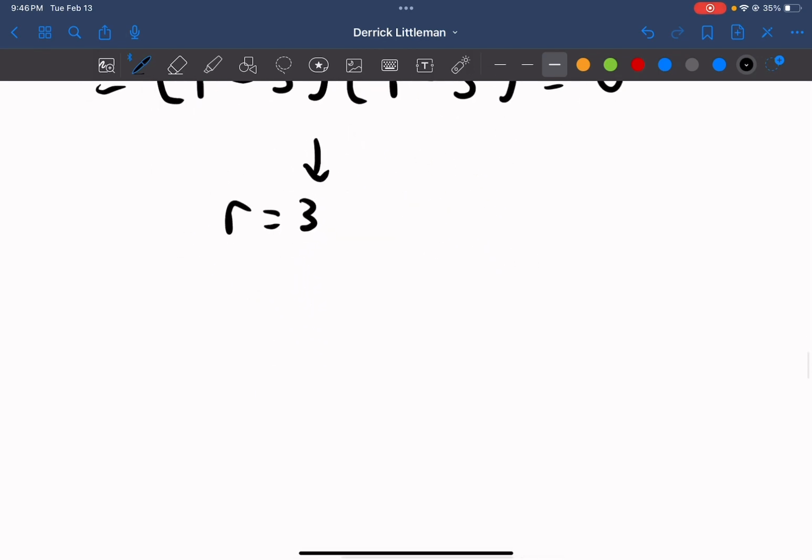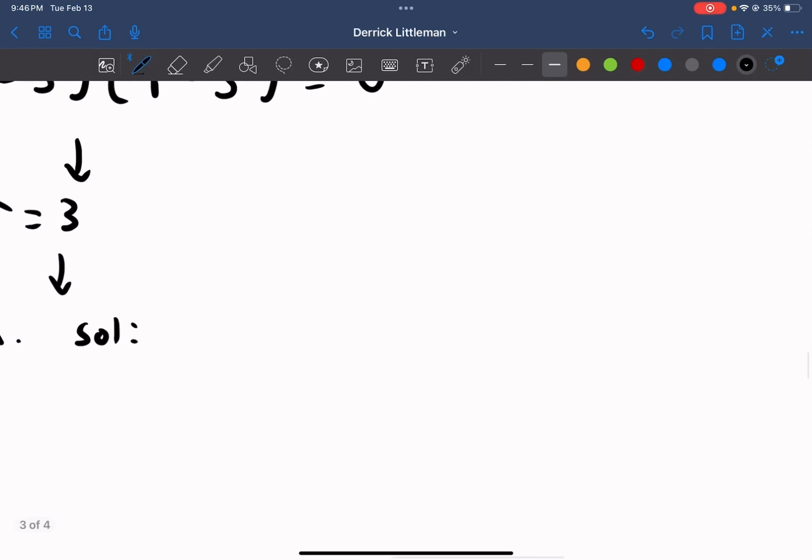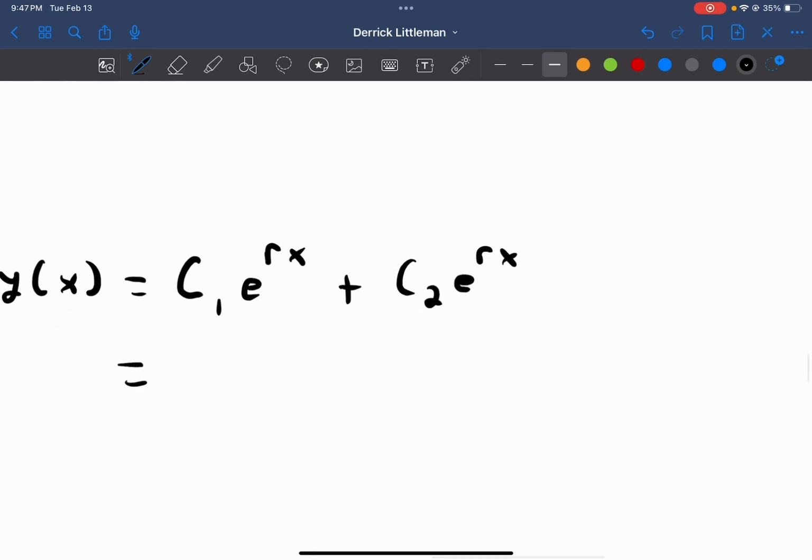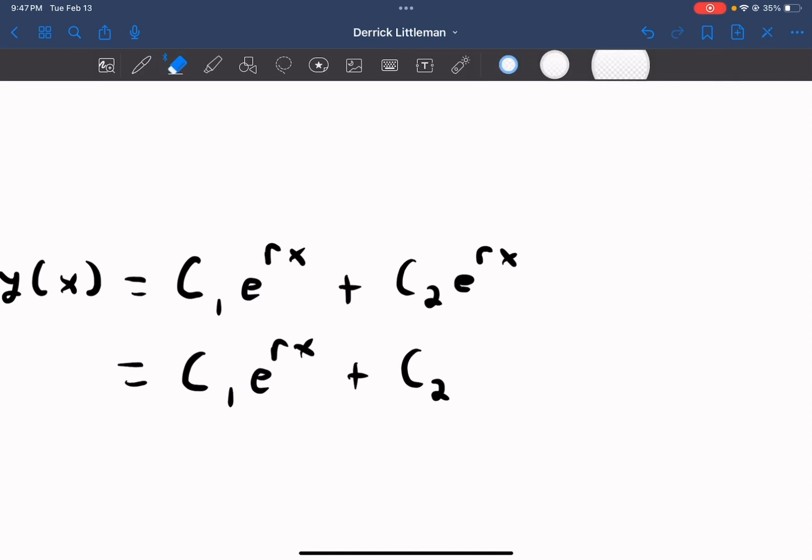Okay. Now because we have only one real root, we put in our general solution in the form y of x is equal to c1 e to the rx plus c2 x e to the rx. Oh, sorry, I did not write the number.